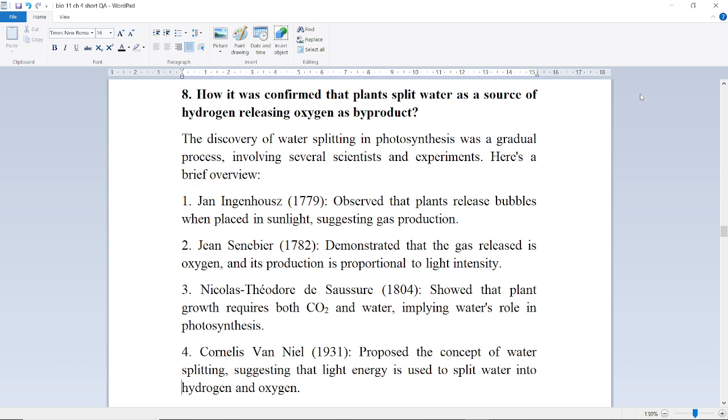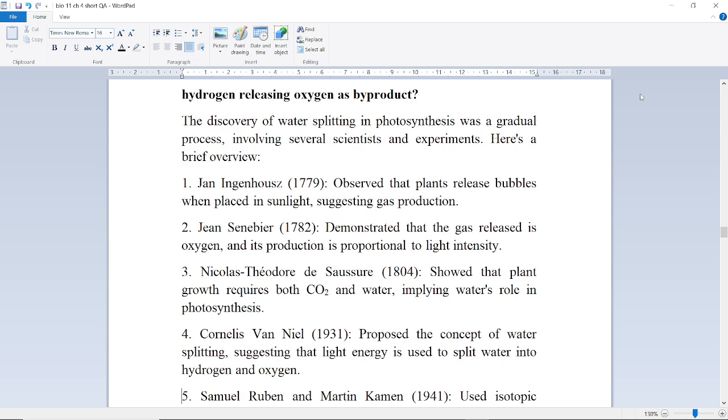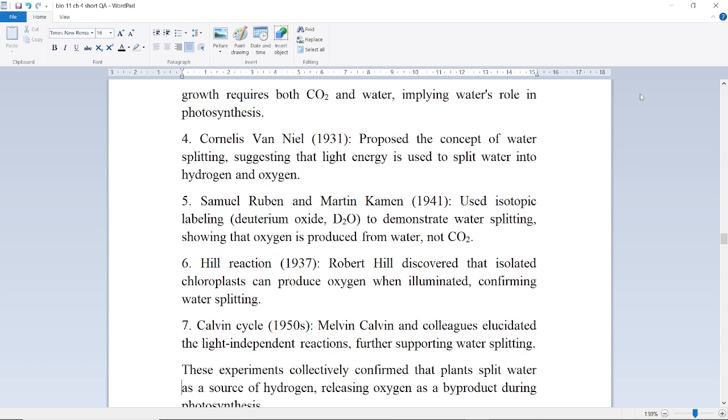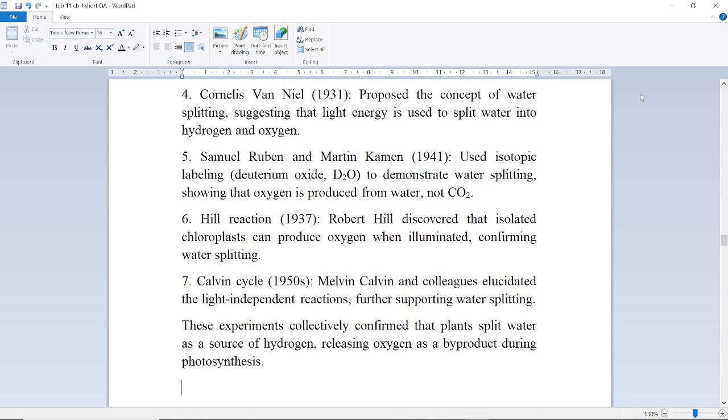Next is Nicolas-Théodore de Saussure, 1804, who showed that plants' growth requires both carbon dioxide and water, implying water's role in photosynthesis. Next is Cornelis van Niel, 1931, who proposed the concept of water splitting, suggesting that light energy is used to split water into hydrogen and oxygen.